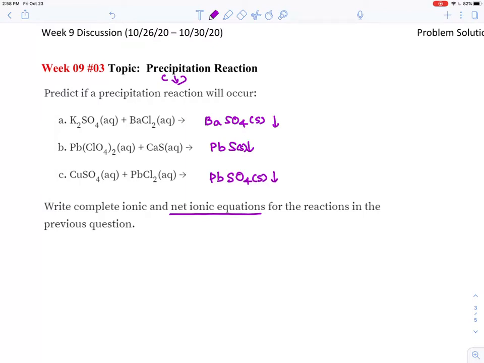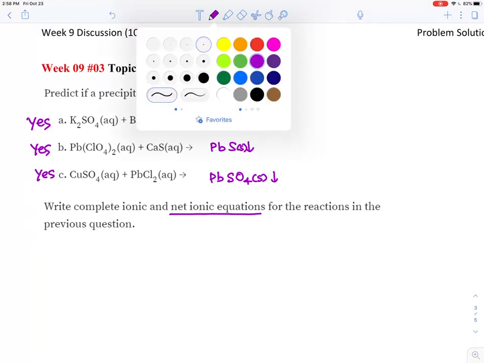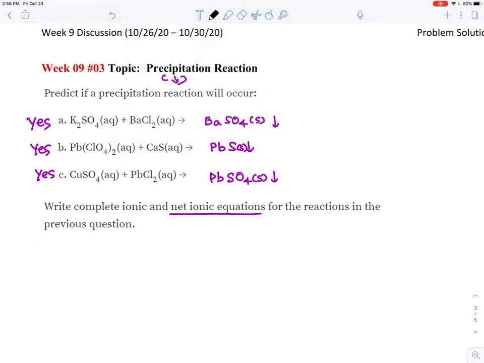To predict if precipitation occurs, it's yes, yes, and yes, because I can see that the compound in purple will be the insoluble product. So the net ionic reaction first, that will be K2SO4 aqueous, barium chloride aqueous.